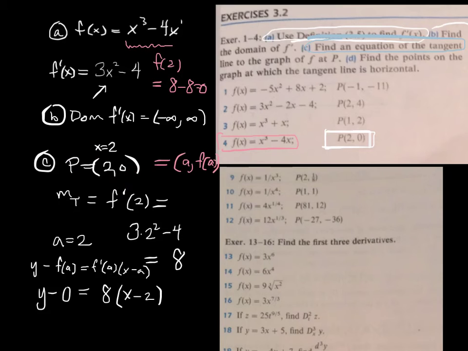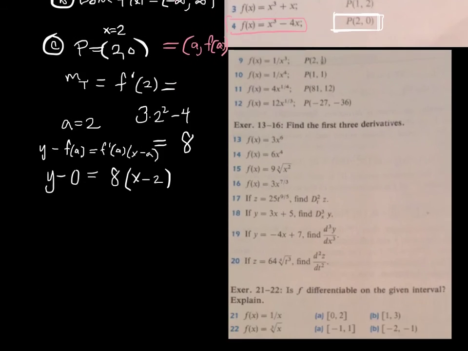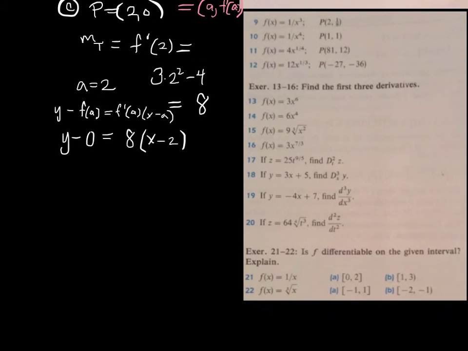Last thing they ask us to do, find the points on the graph at which the tangent line is horizontal. So I'm going to go down and rewrite my derivative. f prime of x was 3x squared minus 4.